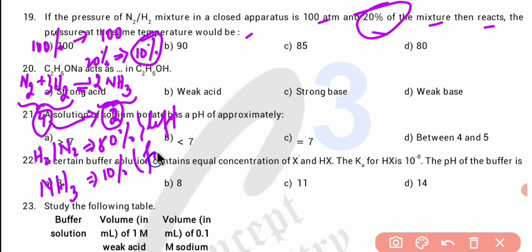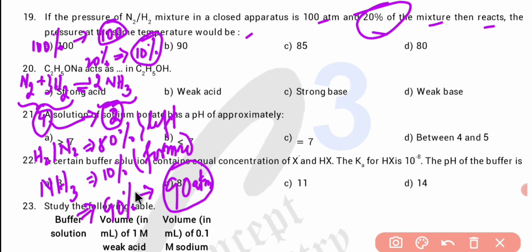The final pressure has to be for this percentage, that is 90%. For 100% the pressure is 100 atm, so for 90% the pressure has to be 90 atm. So 90 atm is the answer. This is the answer B. For the 19th question the answer is B.